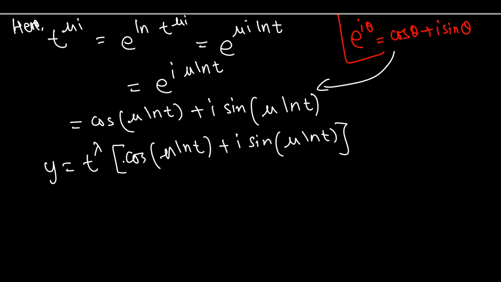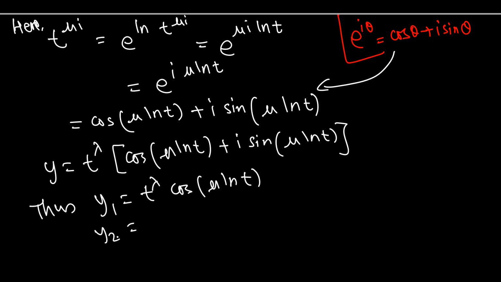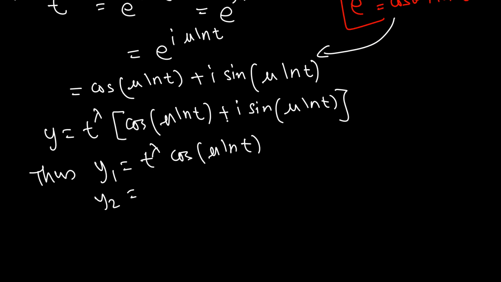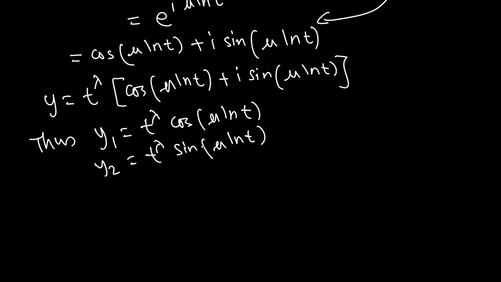That's the solution. And when we distribute from here, we can get two solutions. y1 is t^lambda cosine mu ln t, and y2 is just t^lambda sine mu ln t. This is a linear combination of two solutions. Okay, so t^lambda times this and t raised to lambda sine, and these are obviously linearly independent.